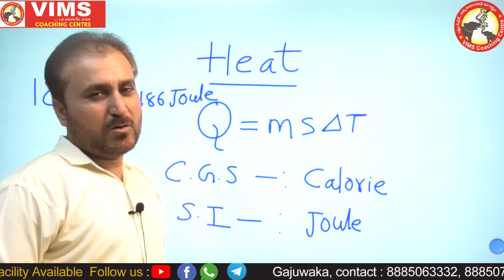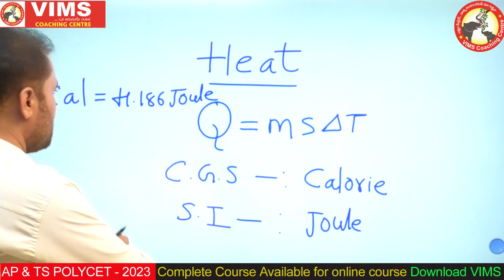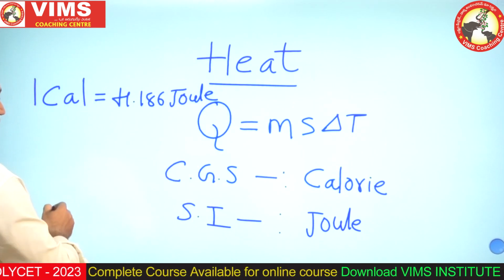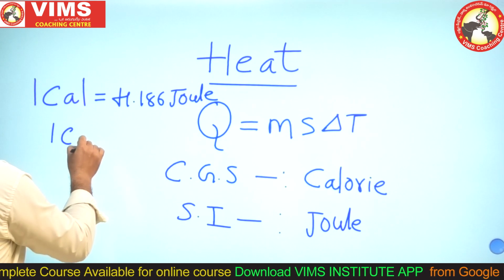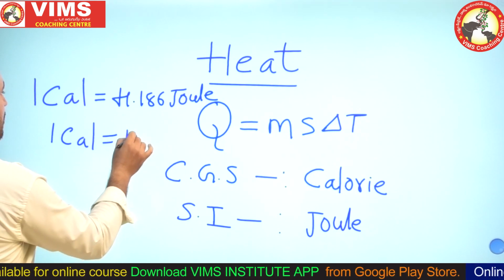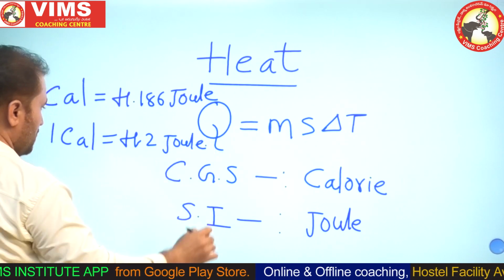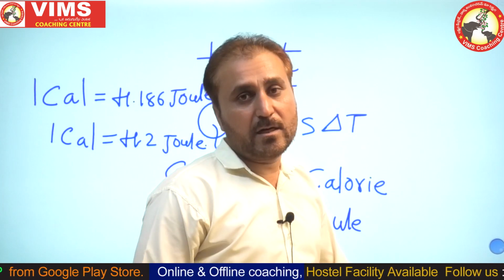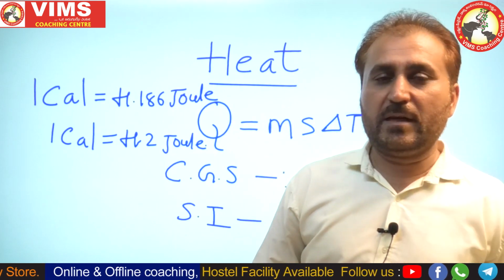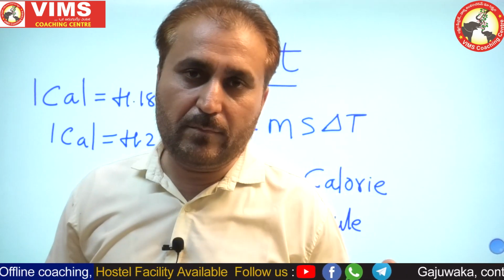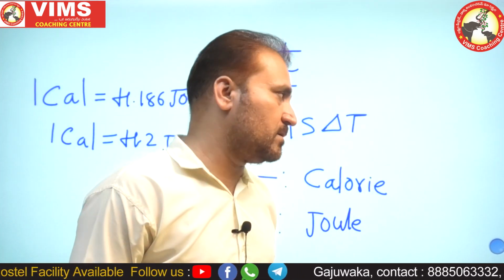But sometimes to make our numericals easy, instead of taking 4.186 joules, we can take 1 cal approximately 4.2 joule. That relation everyone needs to understand very clearly: 1 calorie is how many joules? 1 calorie will be 4.2 joules.